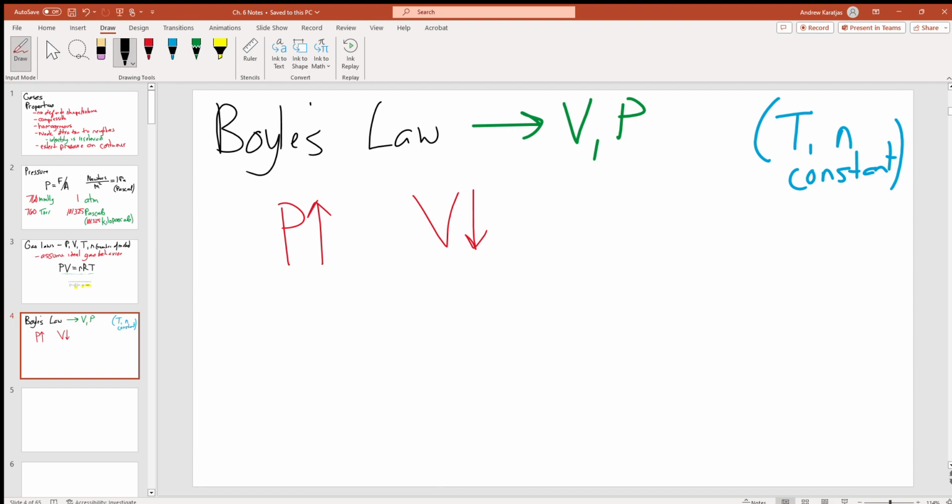So we can say that for a gas, the volume is proportional to 1 over the pressure. And so the initial form of the equation that we'll look at is volume is equal to some constant K over the pressure.